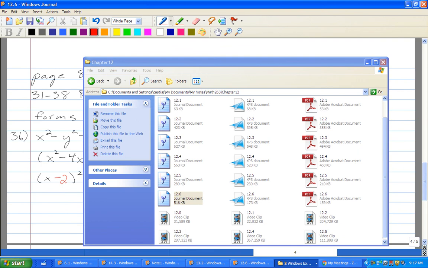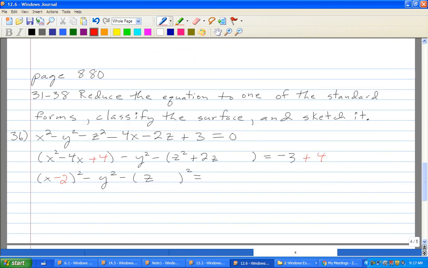I have, again, a monic quadratic trinomial. 2 divided by 2 is 1, 1 squared is 1. So let me subtract 1 from both sides of my equation. And so this is equal to 0. And so I have x minus 2 squared is equal to y squared plus z plus 1 quantity squared.